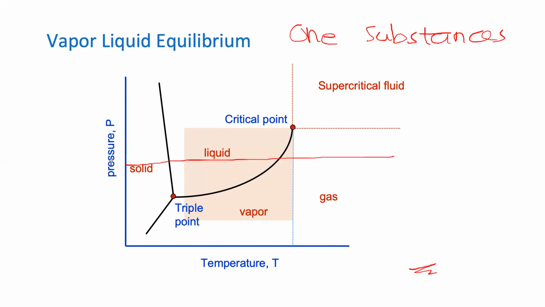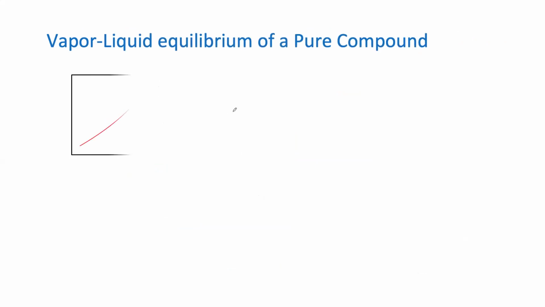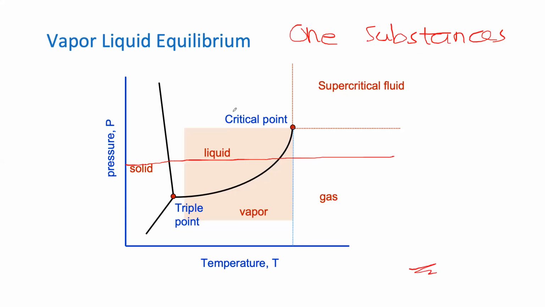At a fixed pressure, we have a liquid, and if we increase the temperature, it's gonna be a vapor. Sorry, this is the liquid. The one that we're looking at is the liquid and vapor.